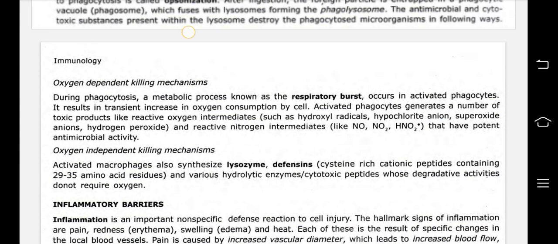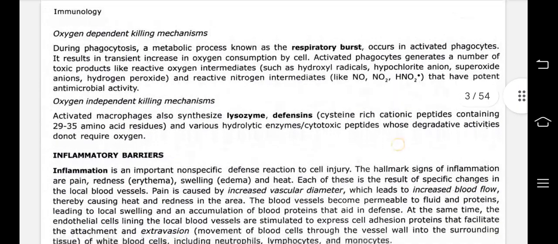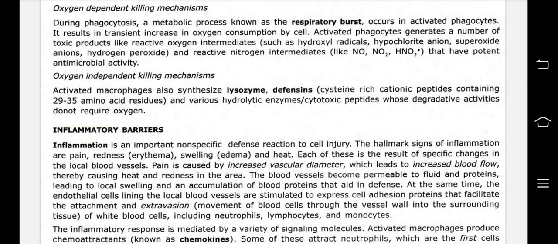Activated phagocytes generate a number of toxic products like reactive oxygen intermediates such as hydroxyl radicals, hypochlorite anion, superoxide anions, hydrogen peroxide, and reactive nitrogen intermediates like NO, NO2, HNO2 that have potent antimicrobial activity. And oxygen independent killing mechanisms.